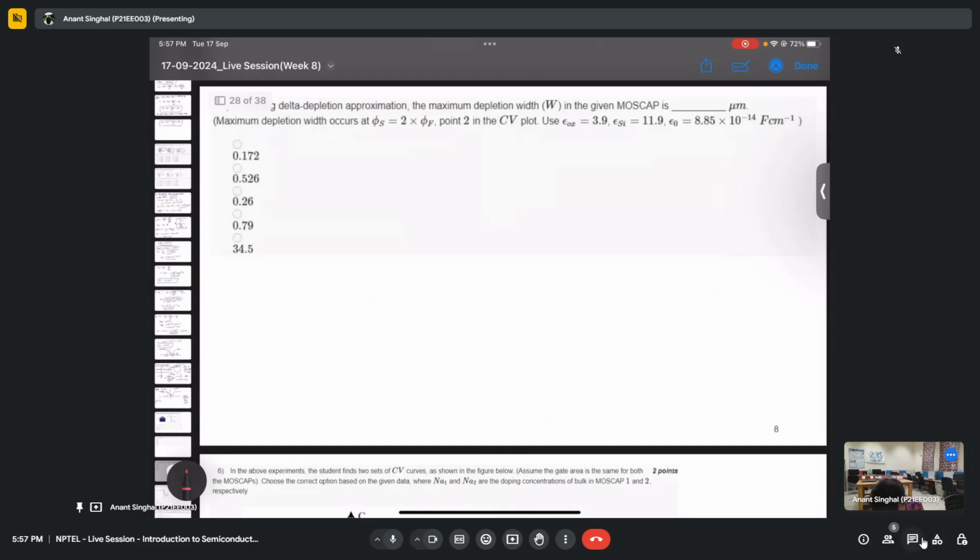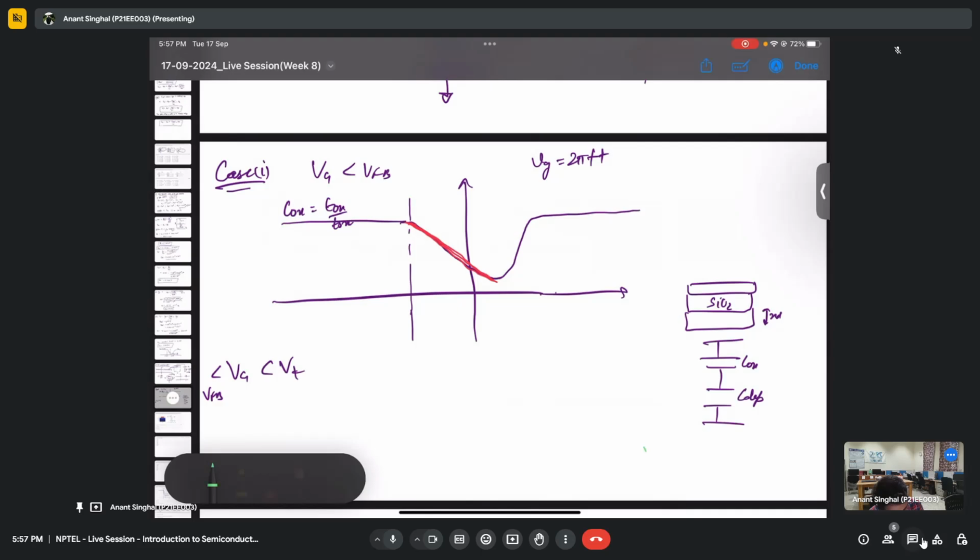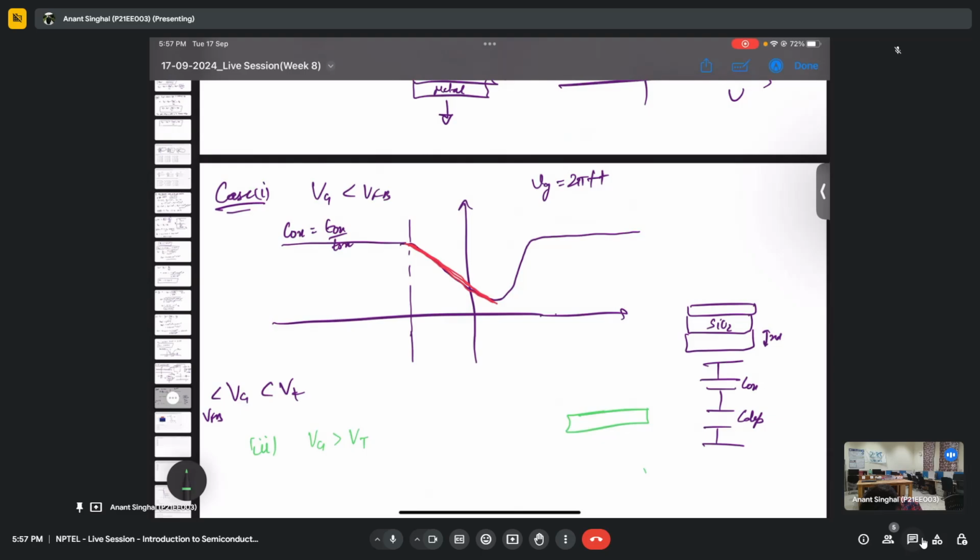And then if we go to case 3, which is when Vg is greater than that of Vt, what happens is we have an inversion and we have a capacitor created again. Let's say this is the metal, this is the SiO2.